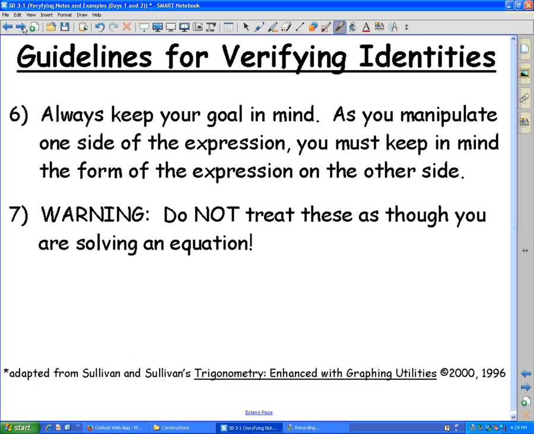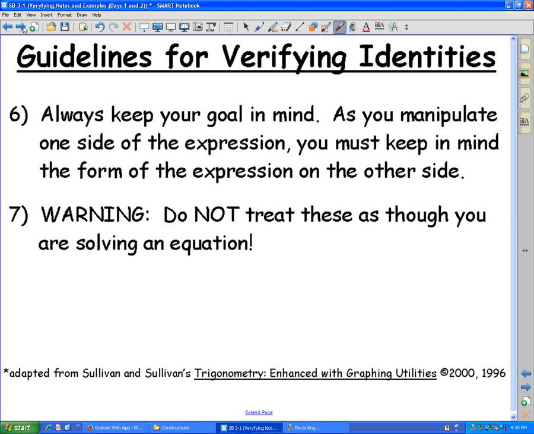And finally, warning, do not treat these as though you were solving an equation. And this is one of the biggest pitfalls that some students fall into early on in this unit, is they'll do a little something to one side and then a little something to the other side, and maybe they'll add something to both sides or divide both sides by something. You're not allowed to do that. With an identity, we want to prove that one side is exactly equal to the other side as it began.